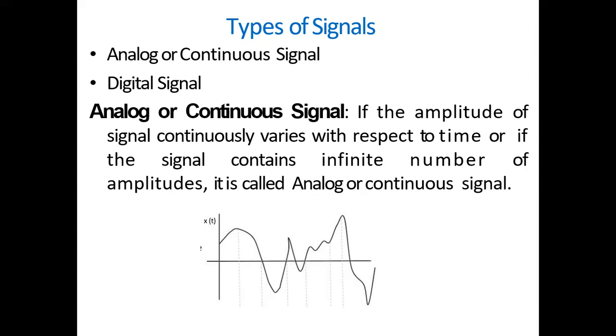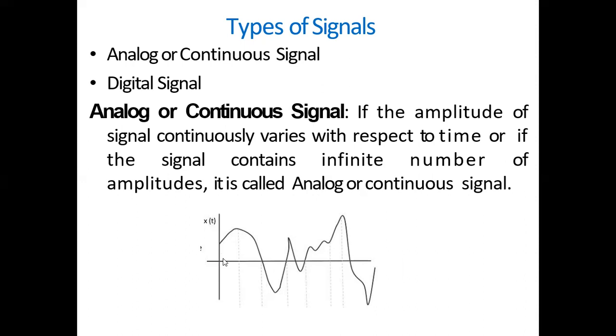The analog signal is defined as the signal where the amplitude, which we represent on the y-axis in this figure, continuously varies. On the x-axis, we will be representing time.